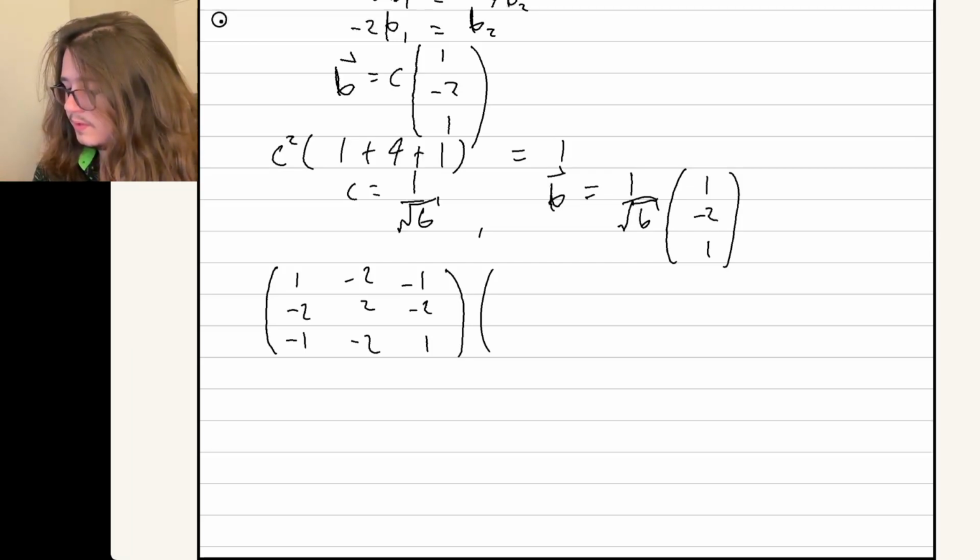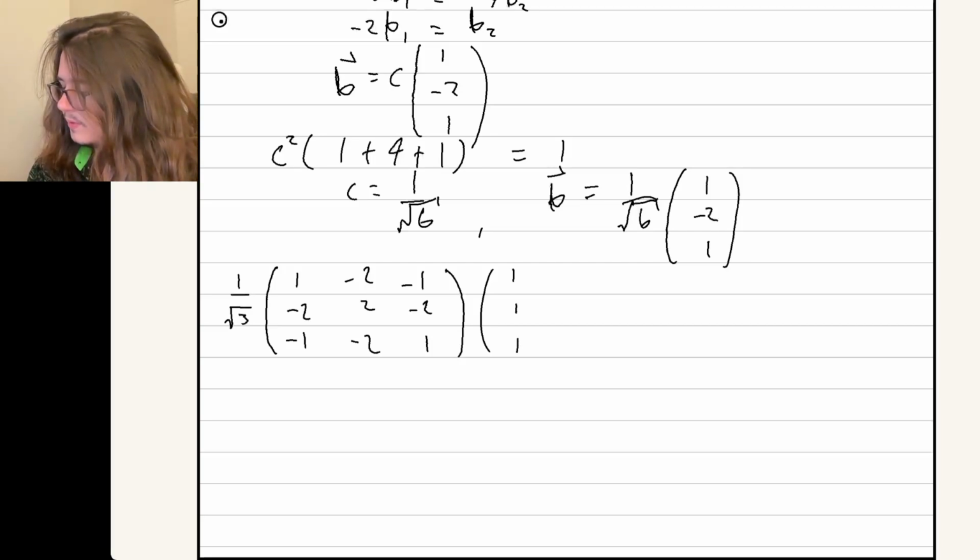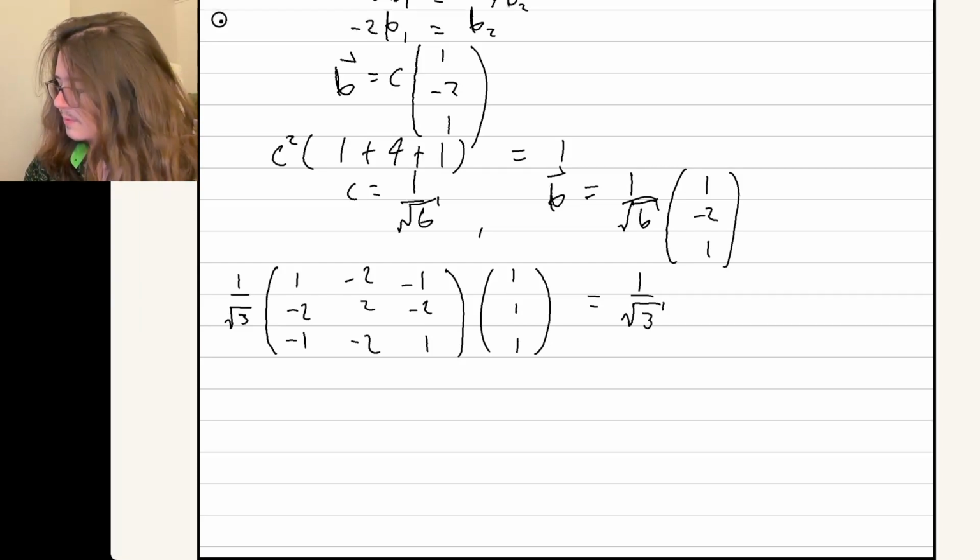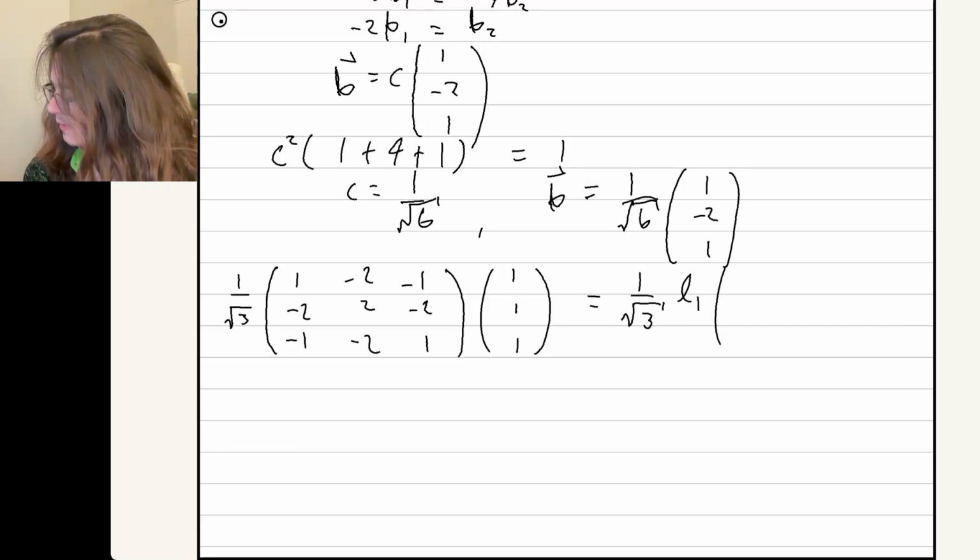We're going to do A first, so it's going to be 1 over root 3 times 1, 1, 1. On the right-hand side, we'll have 1 over root 3 and some kind of constant which relates the two, which is actually going to be the eigenvalue. We'll call this L1 of B, times 1, 1, 1.